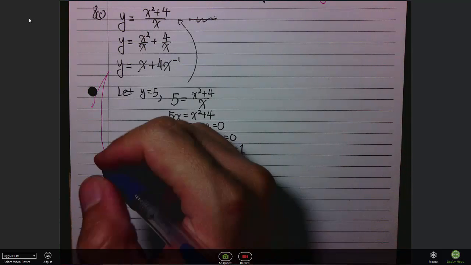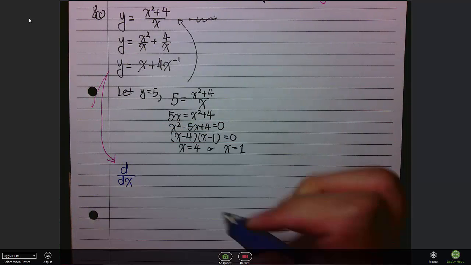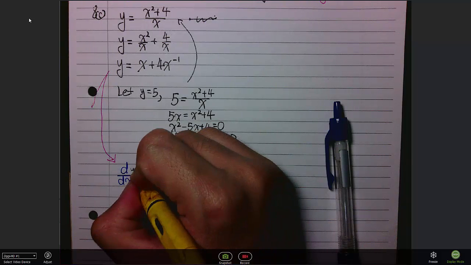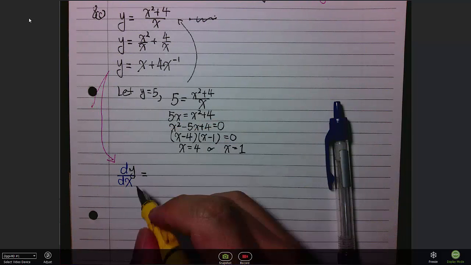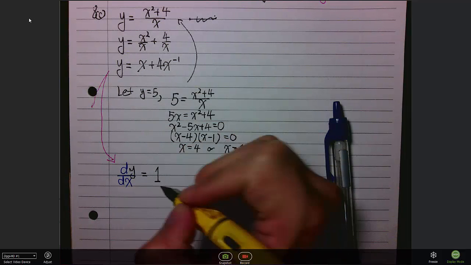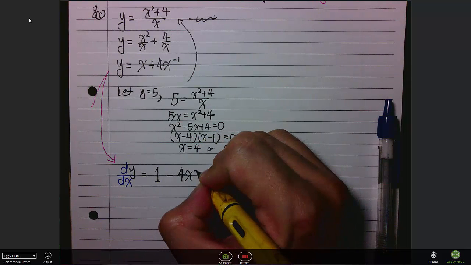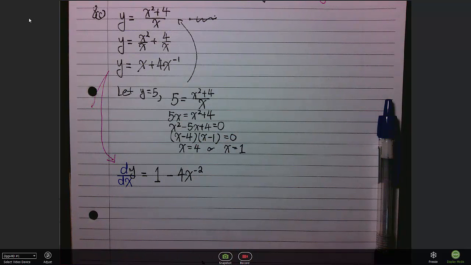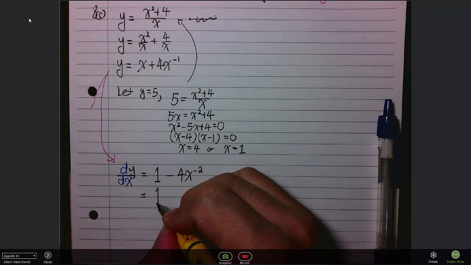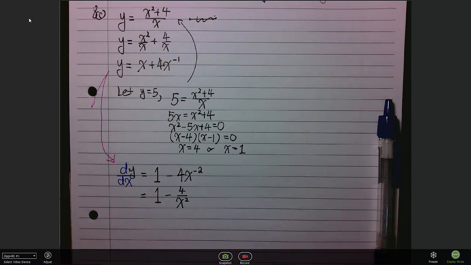First thing I am going to do is differentiate my function y with respect to x. Here, x differentiates to 1, and minus 4x to the power -2. So I simplify: dy/dx equals 1 minus 4 over x squared.